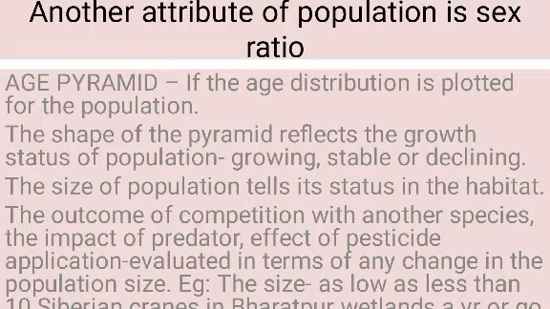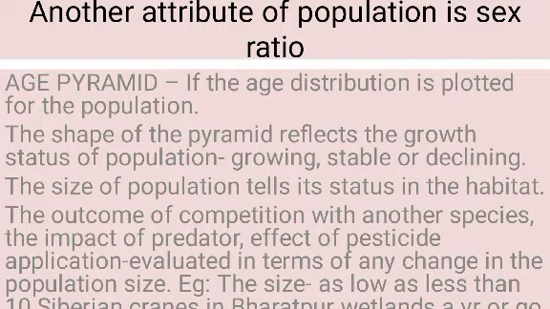So what is sex ratio? The number of females in a population per 1,000 males is called a sex ratio. For example, 60% of the population are females and 40% are males. Or we can say in the 2011 census, the sex ratio of Haryana was 877 females to 1000 males.